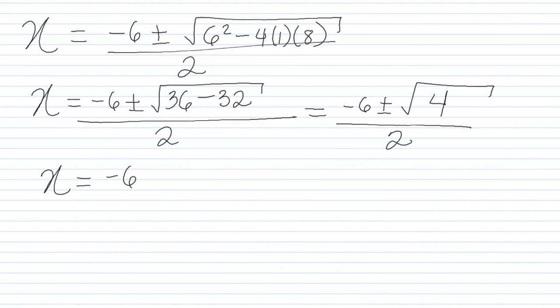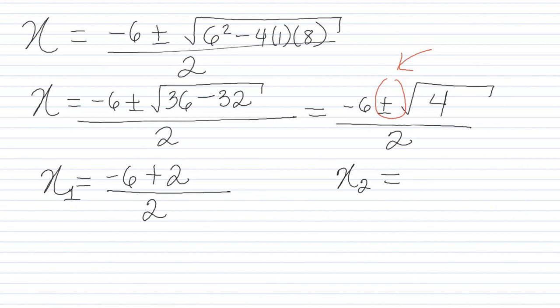So this is x1, and then there's going to be x2. The way you get x1 different from x2 is the plus and minus here. For x1, you have negative 6 plus the square root of 4, and the square root of 4 is 2, divided by 2.